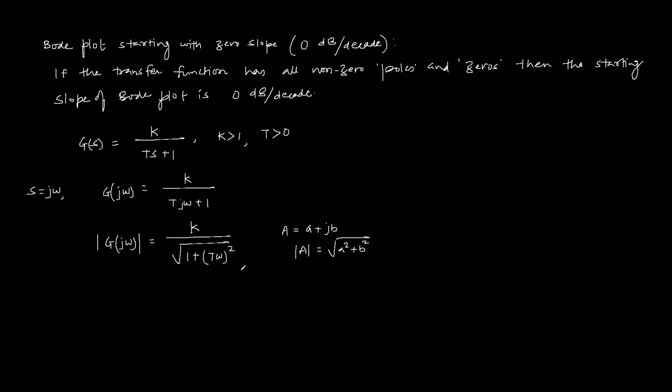Now we will convert this transfer function in decibel. So taking log both sides, in fact 20 log magnitude of G(j omega) base 10. In the right hand side also 20 log k over square root of 1 plus T omega square base 10.